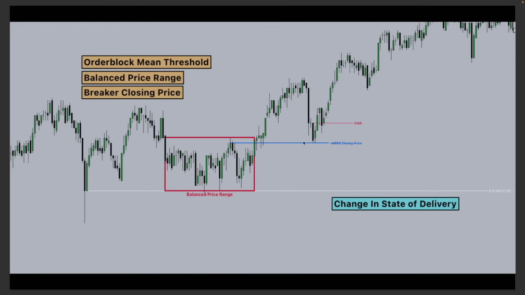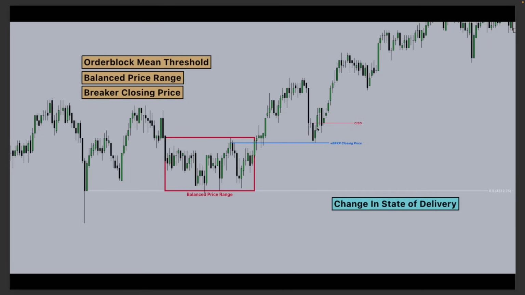Once we see us expand above this down close candle off of this bullish breaker, out of the top portion of this balanced price range, after we've seen the mean threshold offer support to this structure, once we see this, the second we trade above the high of this down close candle, that is your what? Your change in state of delivery.